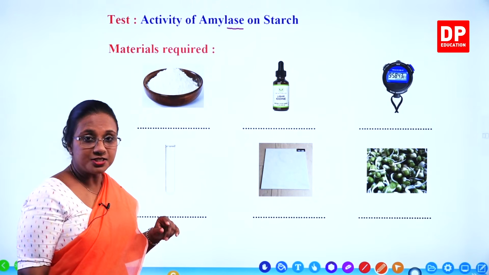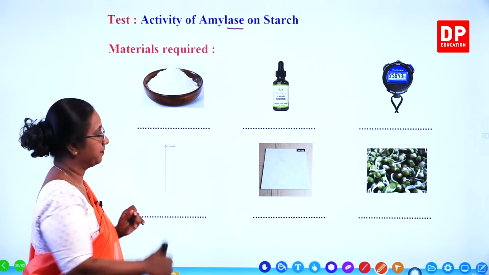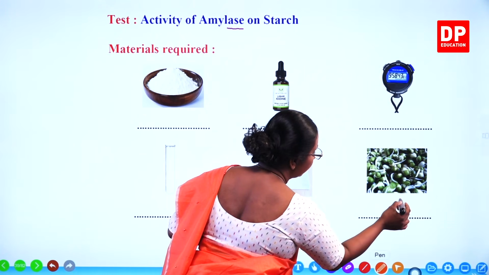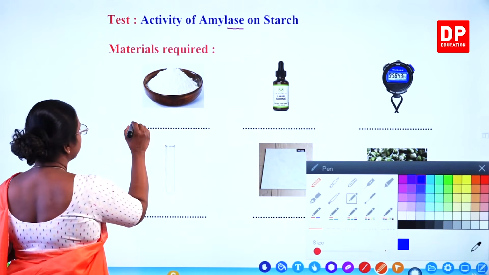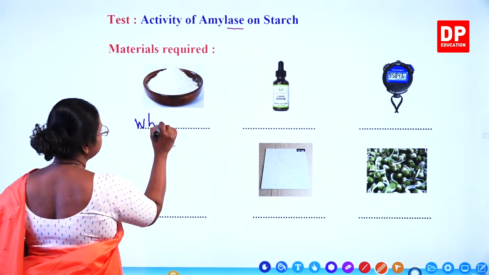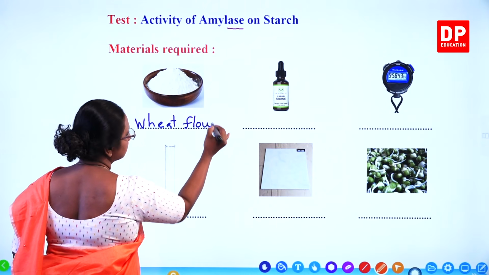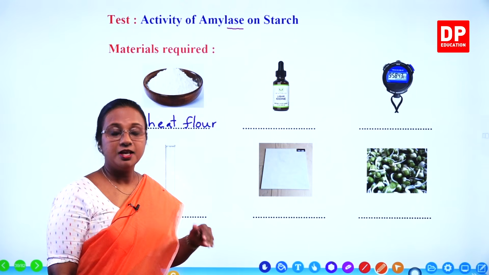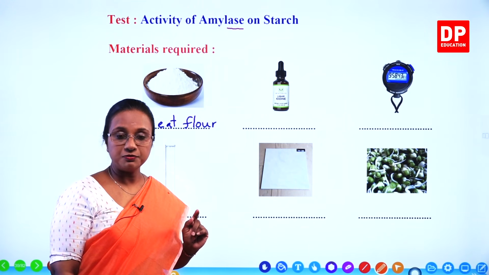So, as a starch containing food, we use wheat flour. So, here we are going to use wheat flour as the starch containing food. Then we use iodine solution. Remember students, we used iodine solution before.